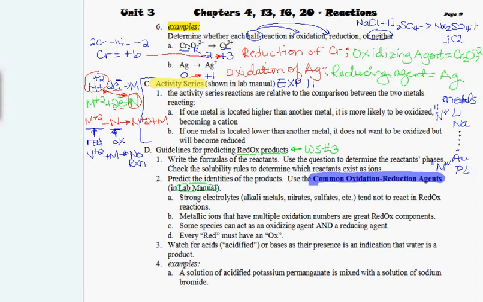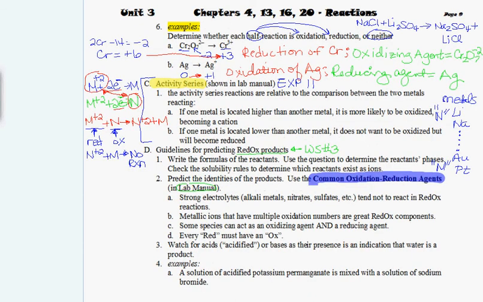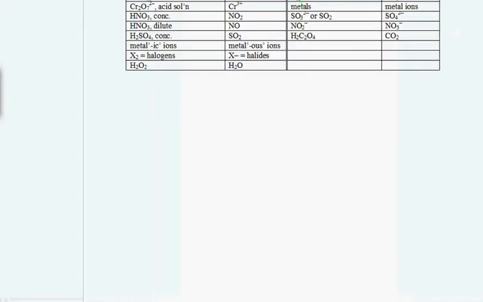When you go into that lab manual, it should look like this. I did not save it apparently, so hold on. Okay, so it should look like this. And let's just zoom in a little bit.